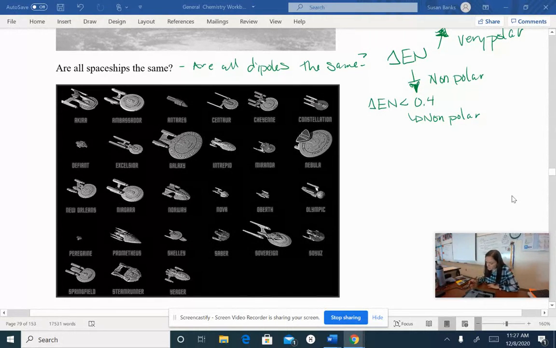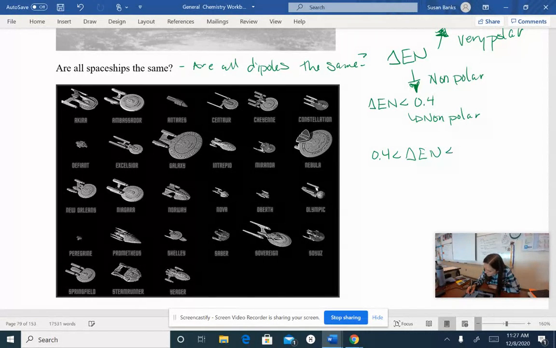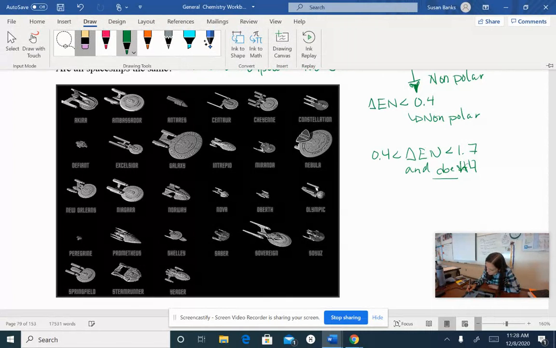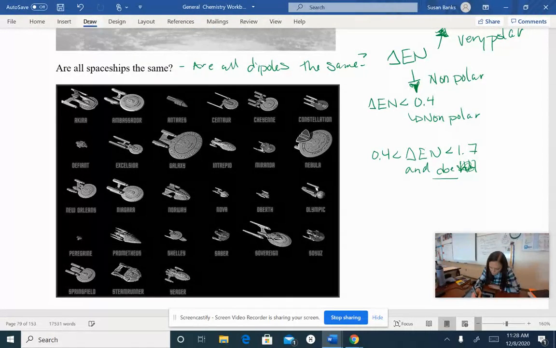Then our next step is if our electronegativity difference is greater than 0.4 but less than 1.7 and it doesn't cancel out.